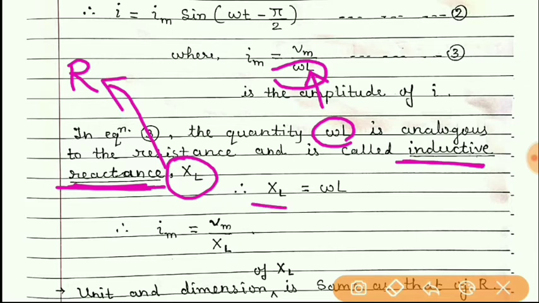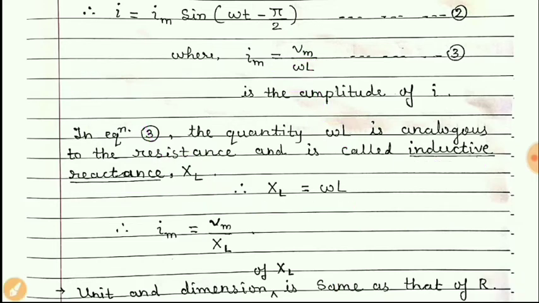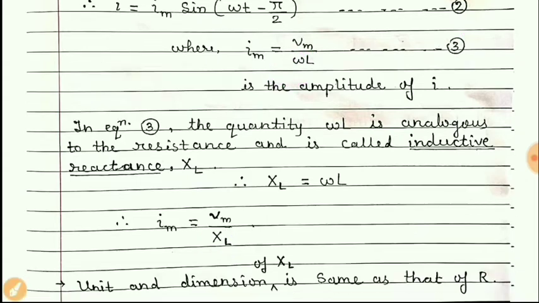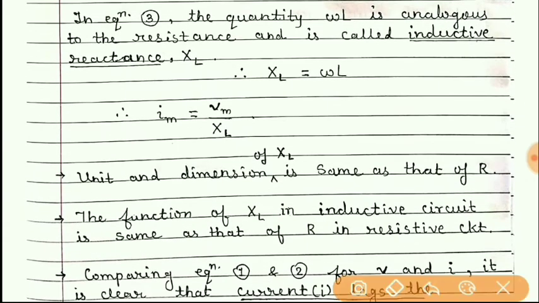So XL is nothing but omega L. Now in this equation number 3, in place of omega L, we will put XL. So this is the formula for the maximum current in an inductive circuit: Im is equal to Vm upon XL.